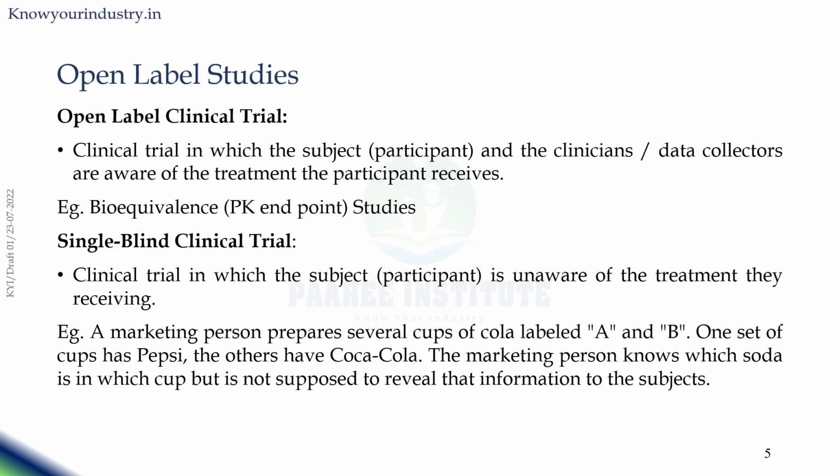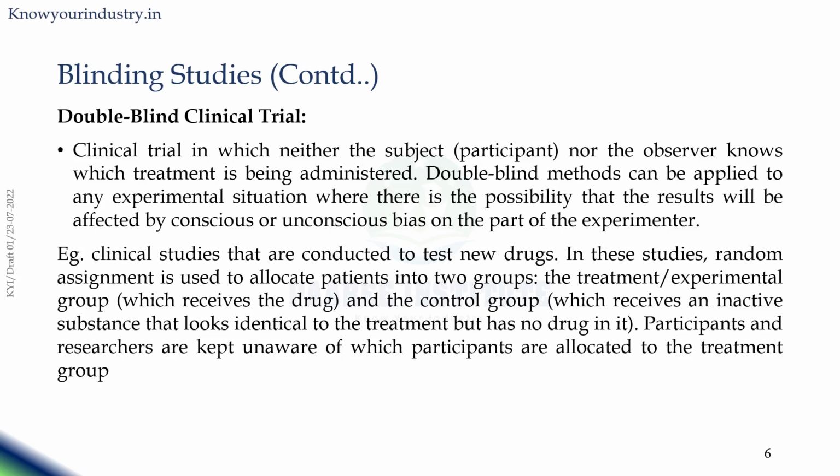Then there is the single blind clinical trial, a clinical trial in which the subject or the participant is unaware of the treatment they are receiving. For example, a marketing person prepares several cups of cola labeled A and B. One set of cups has Pepsi, the other has Coca-Cola. The marketing person knows which soda is in which cup, but he is not supposed to reveal this information to the subjects. Now, double-blind clinical trial.